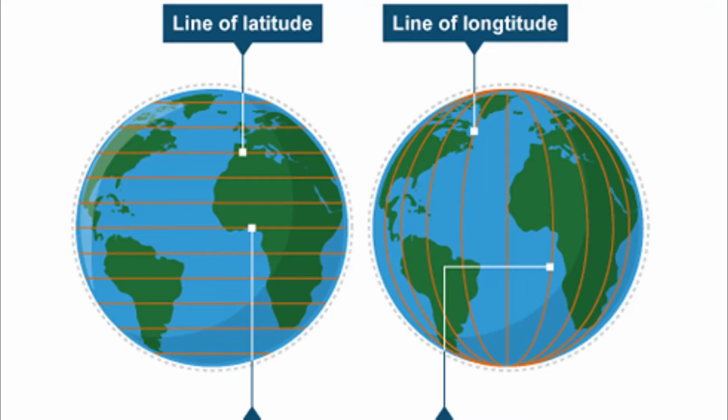These two lines must intersect anywhere in the world, and the point where these two lines intersect at a project location are the northing and easting points of the project under the geographic coordinate system.